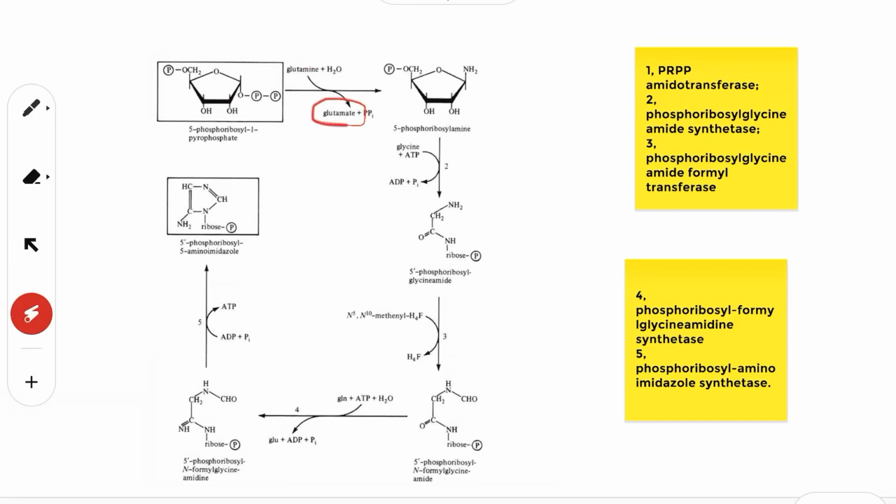In this reaction, glutamate is released and pyrophosphate is released from the phosphoribosyl pyrophosphate. The amido group of glutamine is transferred to the C1 position of this ribose 5-phosphate, and the product formed is 5-phosphoribosyl amine. So this amino group is there at the C1 position.